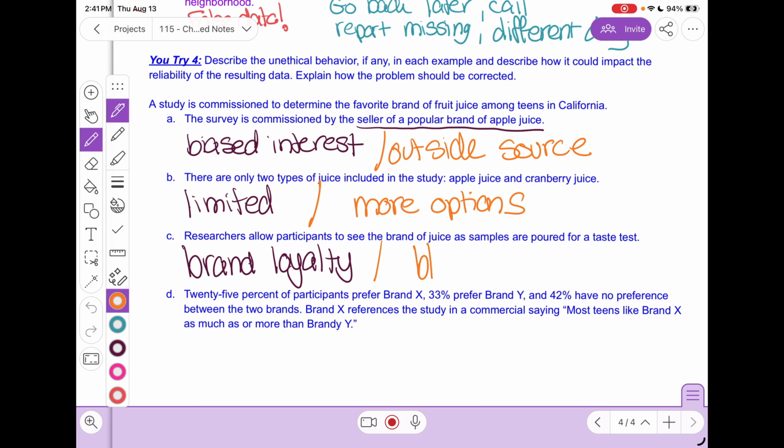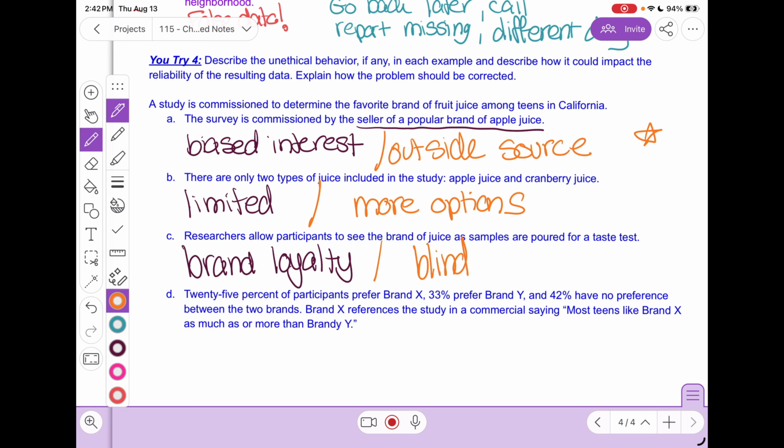It should be blind. If you're really doing a taste test, it should be blind. Because maybe someone in the study, one of the samples, works for one of the companies. Maybe one of them owns one of the companies. For it to truly be not biased, it should be blind, just to prevent that. It's better, especially if it's part A, where you know who's running the study. You shouldn't know the brand if you truly want non-biased opinions.